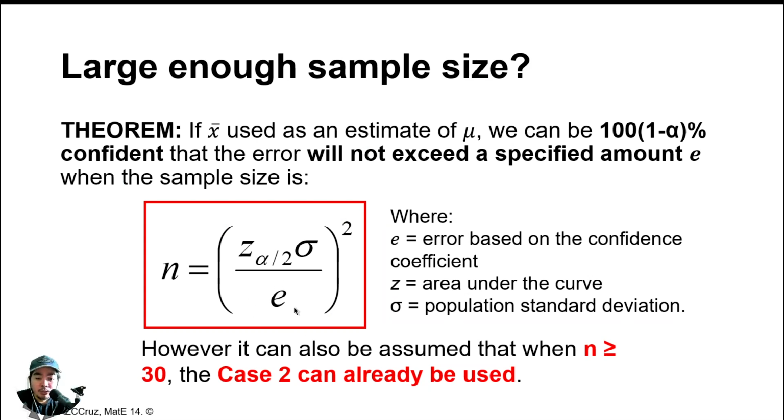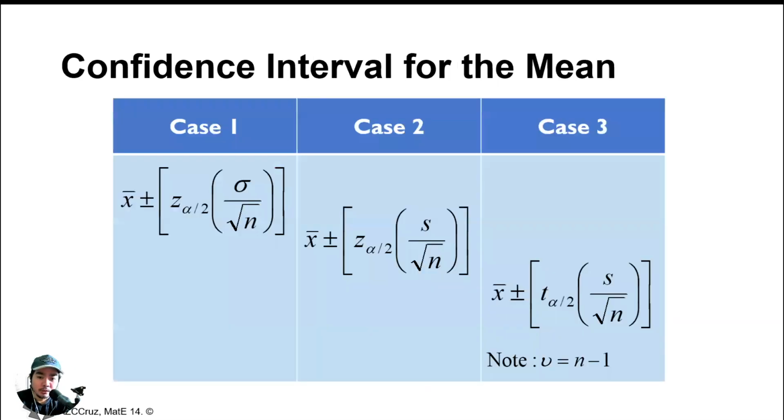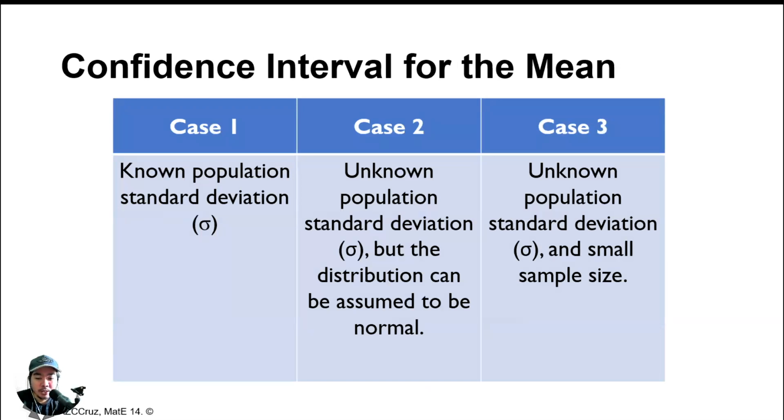Okay? So for this case, you will notice na ito ay parang na-derive lang from one of the cases na I'll be showing to you later. Okay? So as a general rule of thumb, when n is greater than 30, we usually say na large enough na yung sample size, no?